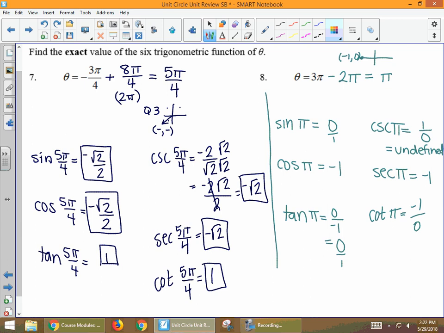Cotangent is cosine over sine, and so cotangent is undefined. It's really easy to get in the habit of, oh, if I have 1, I can flip that and get 1. If I have 0, can I flip that and get 0? You can't, so you have to be careful about that. All right, so that was 7 and 8.